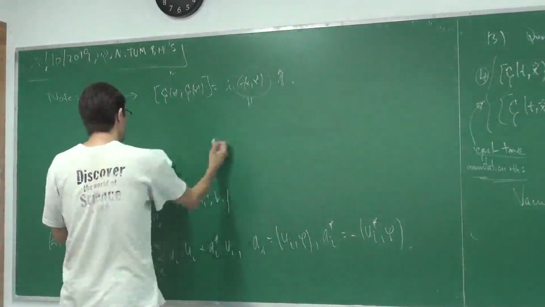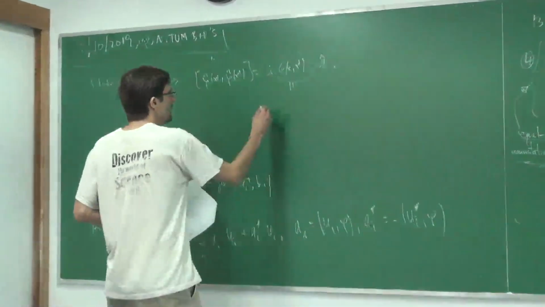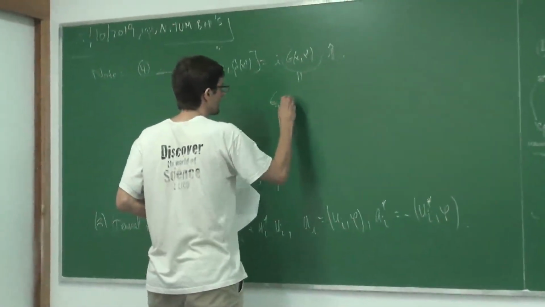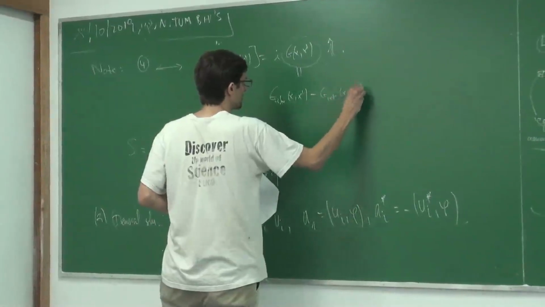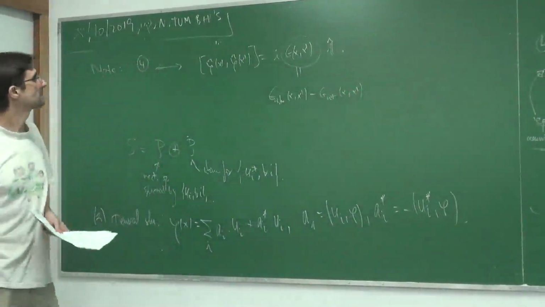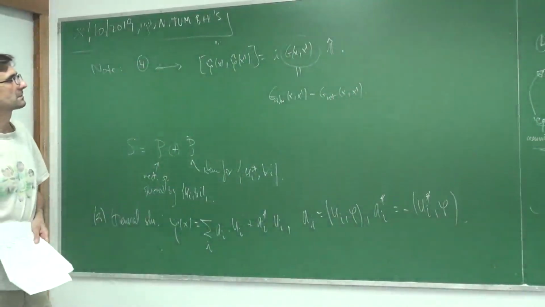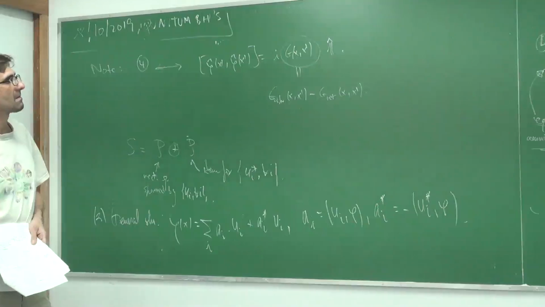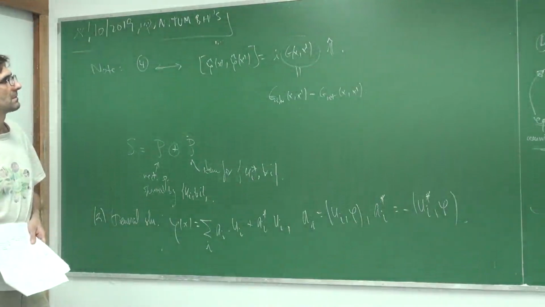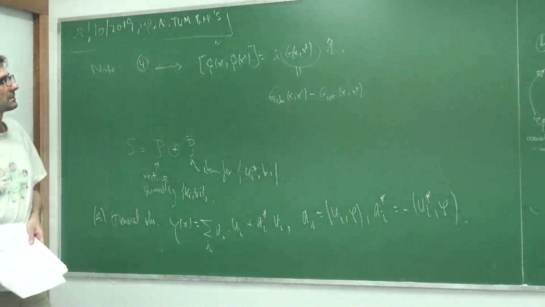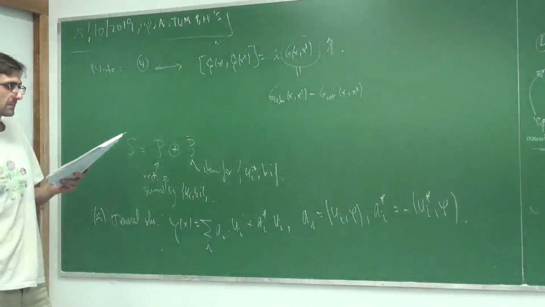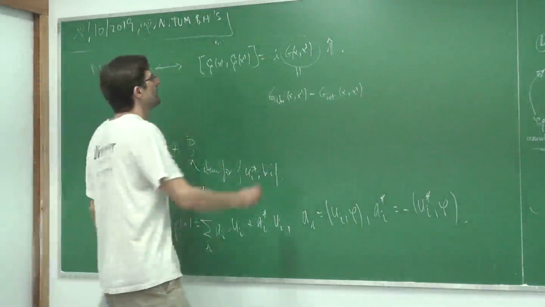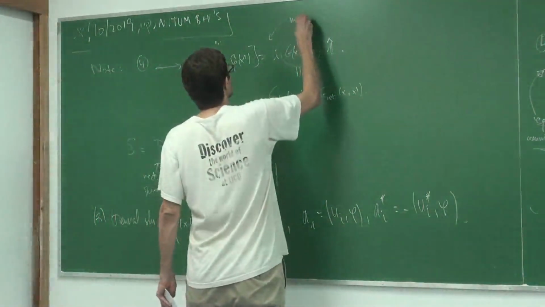This is the Pauli-Jordan function, which is the advanced Green function minus the retarded Green function. This is manifestly covariant.